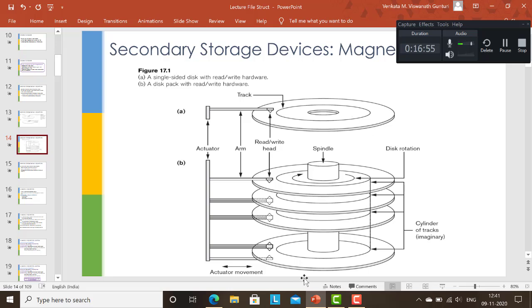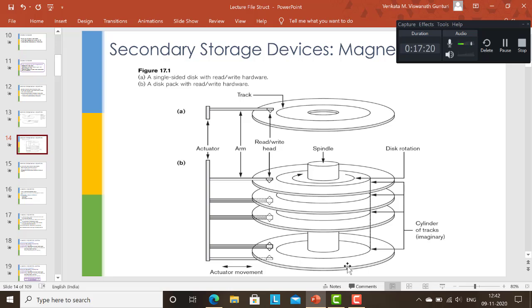So let me repeat one more time. These circles, which this guy calls a track, when it comes to addressing, we are talking in terms of cylinder, right? So a cylinder is a collection of tracks on the surface, the same track number, which is at a fixed radius from your center point.